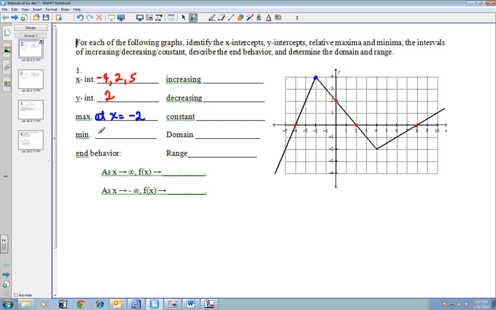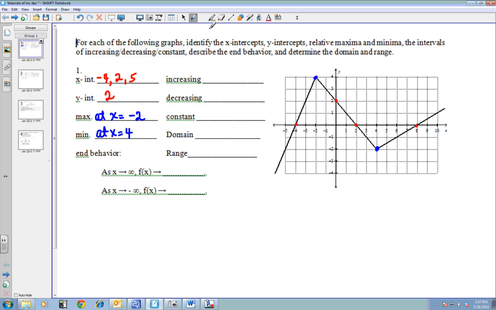Okay, so I have a local max at x equals -2. Now, if it said what is the maximum value, then we would say 4. But anytime it asks you to identify where you have a max or a min, you always put its x value. So now we're going to find our local min. Well, here's our local min, and it occurs when x equals 4.